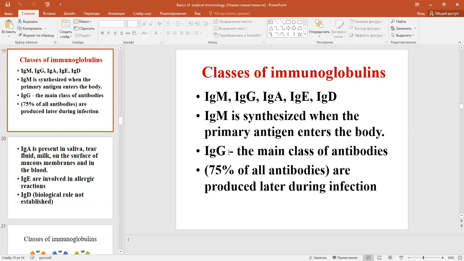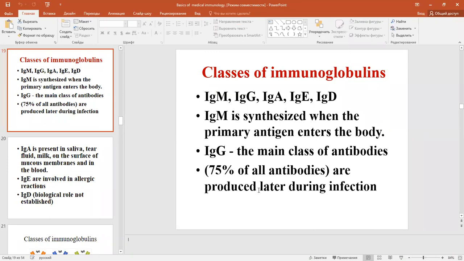Immunoglobulins G, the main class of antibodies. 75% of all antibodies circulated in blood are exactly immunoglobulins G. They are detected in healthy people just in very small amounts in the blood. And immunoglobulins M are very, very rarely detected; if immunoglobulins M are detected in the serum of blood, it means the person was infected recently by some microbes, and the task is to find exactly what causative agent this person is infected by.